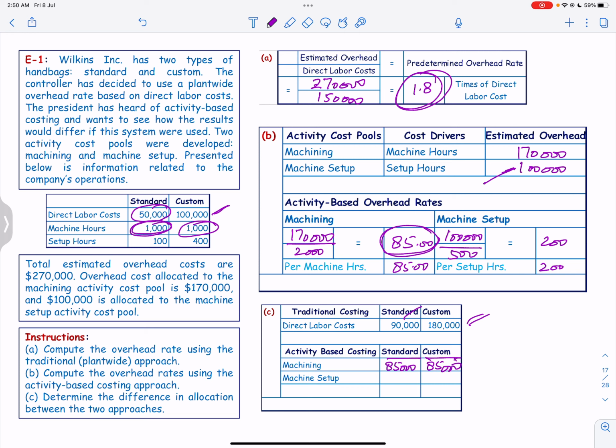For machine setup we have 200, and 200 times 100 gives us 20,000, and 200 times 400 gives us 80,000. So the total will be 105,000 and 165,000.